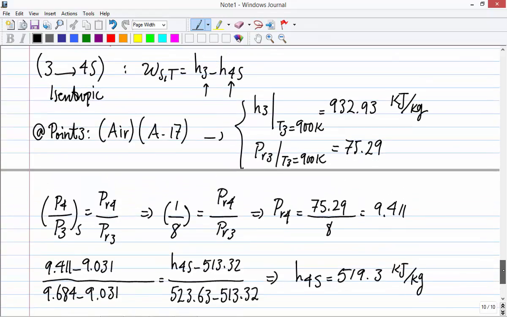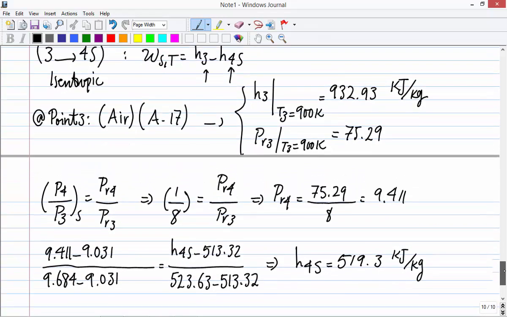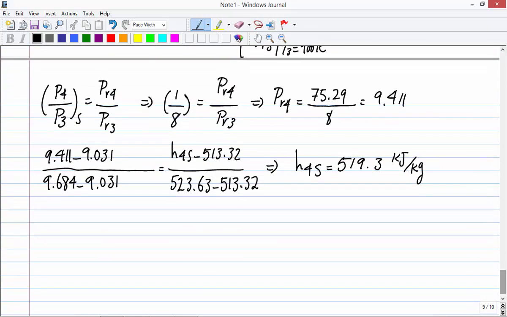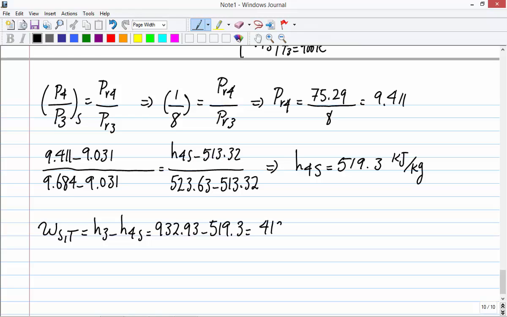Now I know the enthalpy at point 4S, so I can find the isentropic work of the turbine, which is 413.6 kilojoule per kilogram. We are about to solve it.